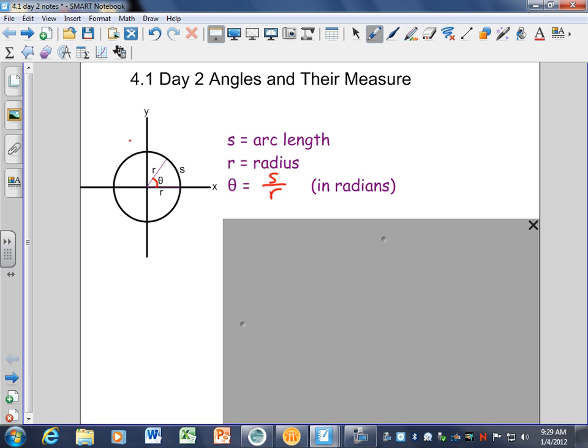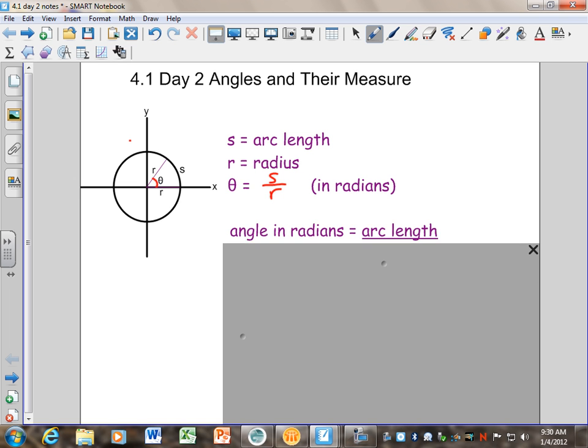What we kind of use more often is we're trying to find the arc length. Like they give you an angle and they give you the radius, and you want to find the arc length. So if I wanted to solve this equation for S, what would I do, or what would the equation be? Theta divided by R to get S by itself? Right, because I'm going to multiply both sides by R to get S by itself.